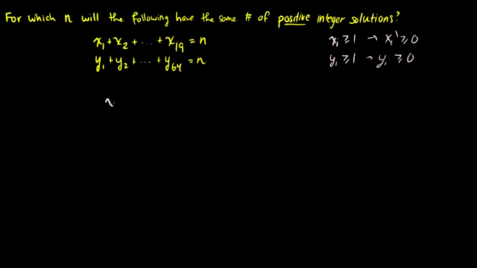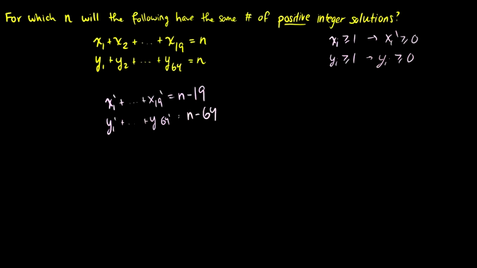Here's the quick jump here. So x1 prime all the way up to x19 prime is going to equal n minus 19 after we reduce it to all of our xi primes greater or equal to 0. And our yi primes are going to also be reduced, so that will end up at n minus 64.